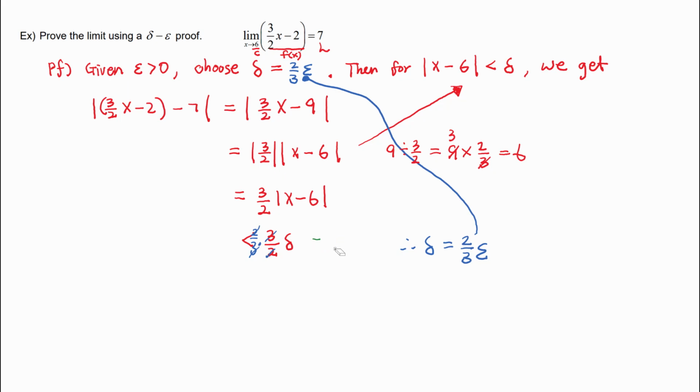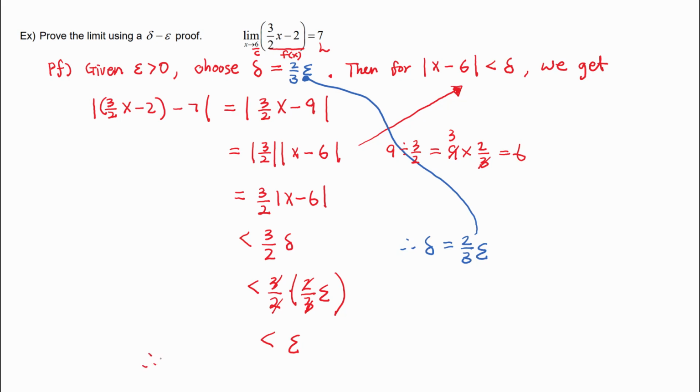And then you can erase it here so that your proof flows naturally. That will give me 3 over 2, this would be less than 3 over 2 delta. And then replace what the delta is equal to. That would give me less than 3 over 2 times, what's my delta equal to? 2/3 epsilon. So then the 2s and 3s cancel. That will give me less than epsilon.